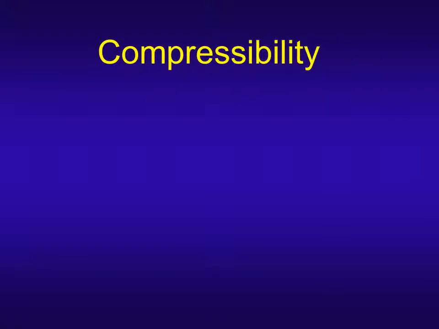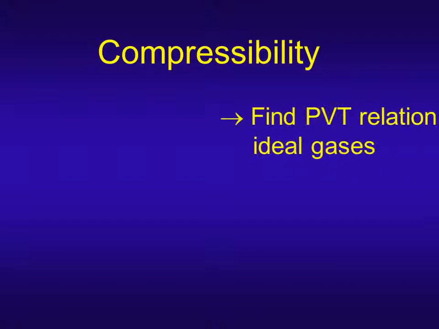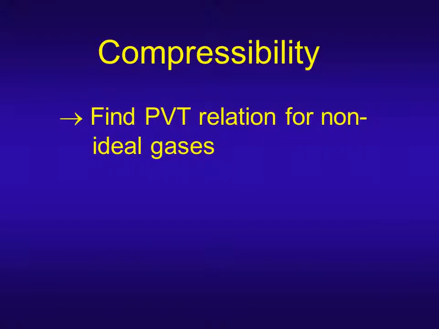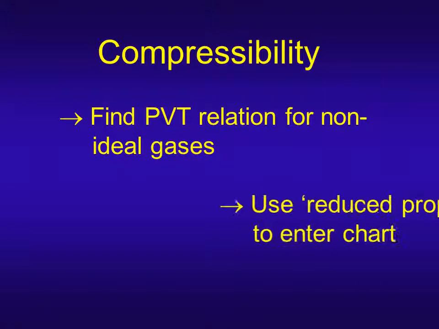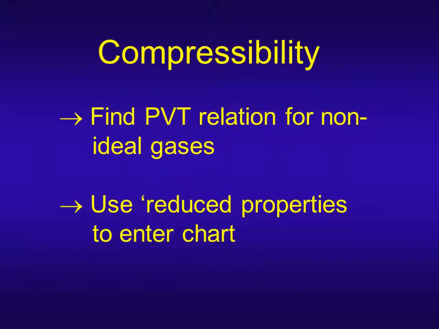Remember, when you're using those tables, sometimes they're listed as molar properties, so you get the enthalpy on a per mole basis. Okay, so finally we had compressibility, and this is where we looked at the non-ideal gas behavior. If we want to find the PVT relationship for non-ideal gases, compressibility is one of those PVT relations. And we use reduced properties to enter the chart. And remember, the theory is that all gases behave similarly when compared to their critical temperature and their critical pressure.